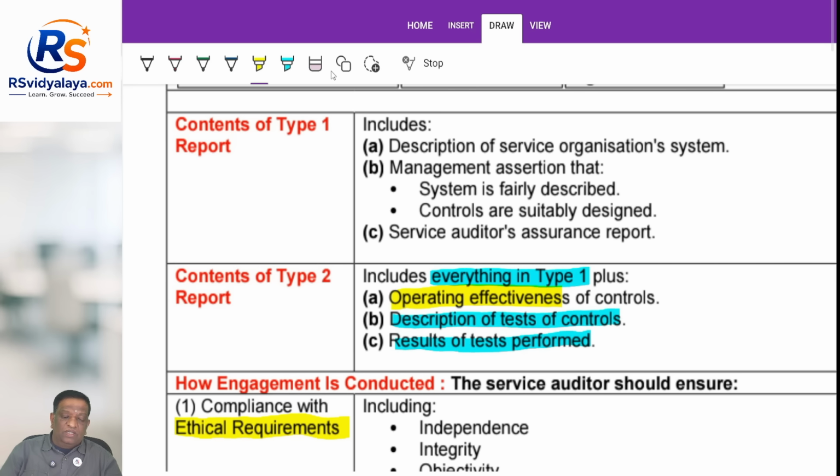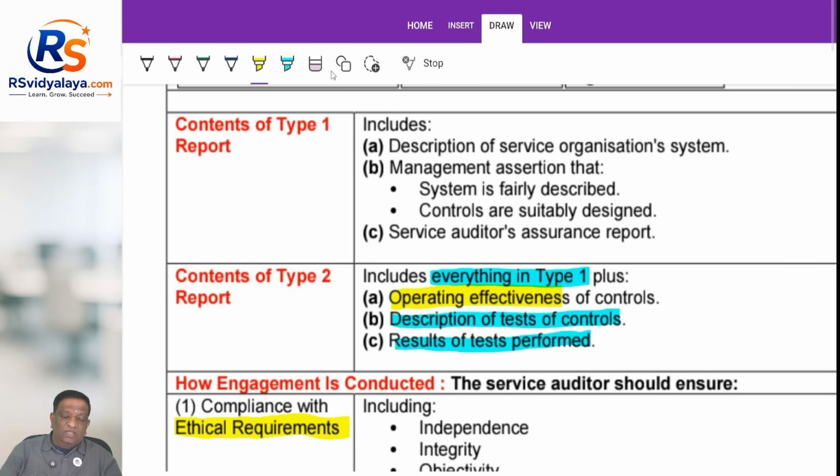But if you want that also to be confirmed by the service auditor, then we call it a type 2 report. He will also give what controls he has tested and the results of the tests performed.